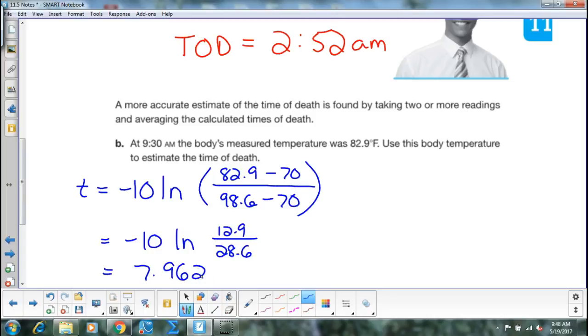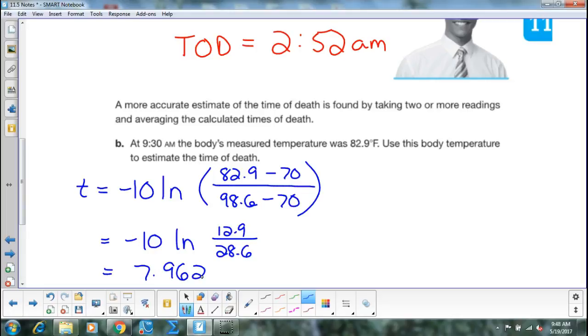Okay? So this body temperature then would be, so 9:30, right? Minus 7 would be 2:30. 0.962 times 60 is another 57 minutes.